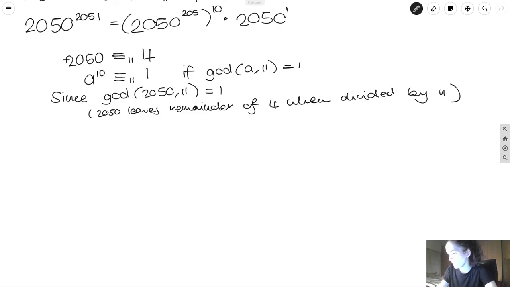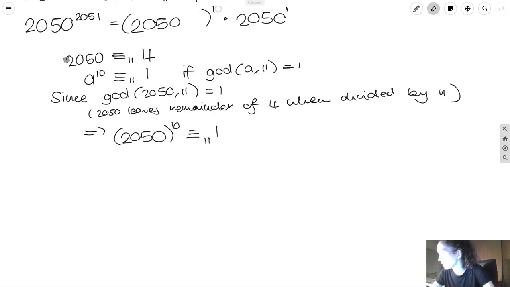Then we can say that 2050 to the power of 10 is going to be equal to 1 mod 11. So we can actually switch these exponents, these would be 10 and 205.